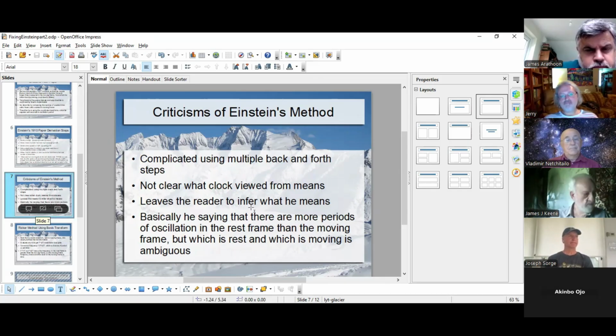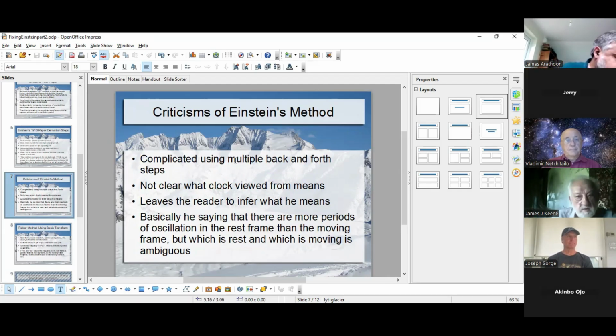Anyway, it's so confusing. So he goes backwards. He defines a rest frame, but then he defines the Lorentz transformation for the moving frame, and then he goes back to the rest frame. Why didn't he just start in the rest frame in the first place? Why all this back and forth?